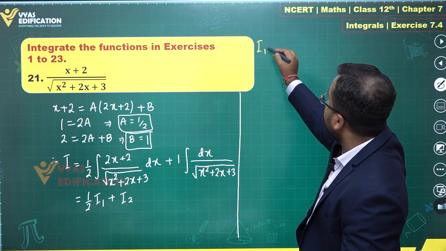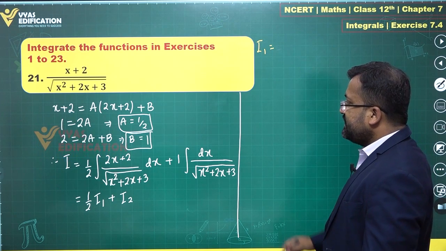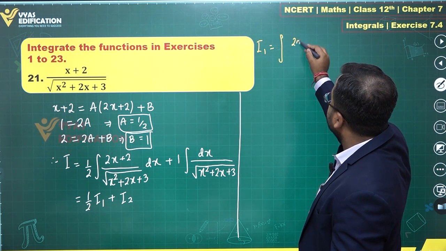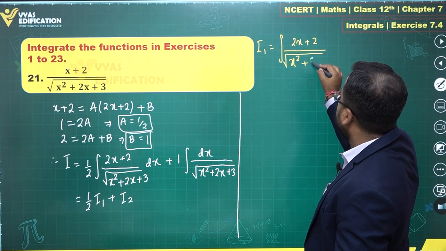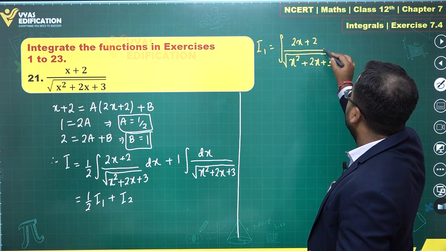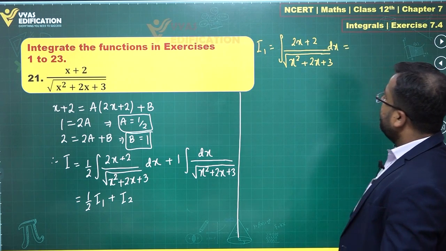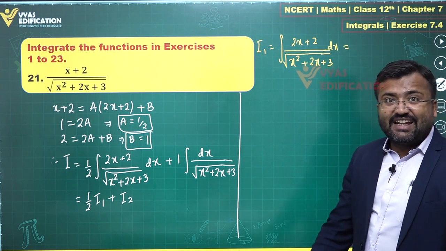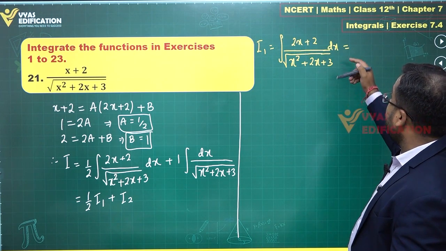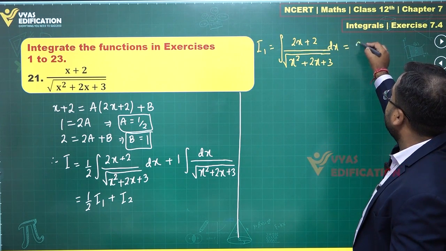Let's find I1 first. I1 is equal to the integral of 2x plus 2 upon the root of x square plus 2x plus 3 dx. Now, the important thing over here is that if this x square plus 2x plus 3 is taken as t, then that into dx will be dt.